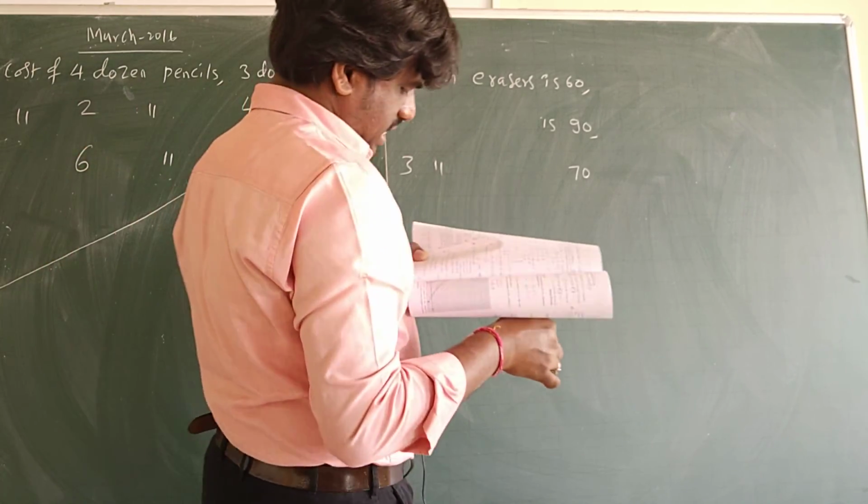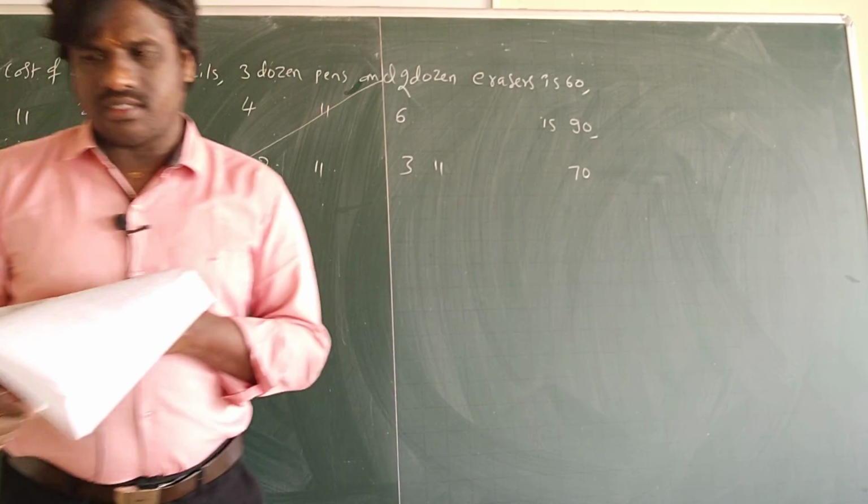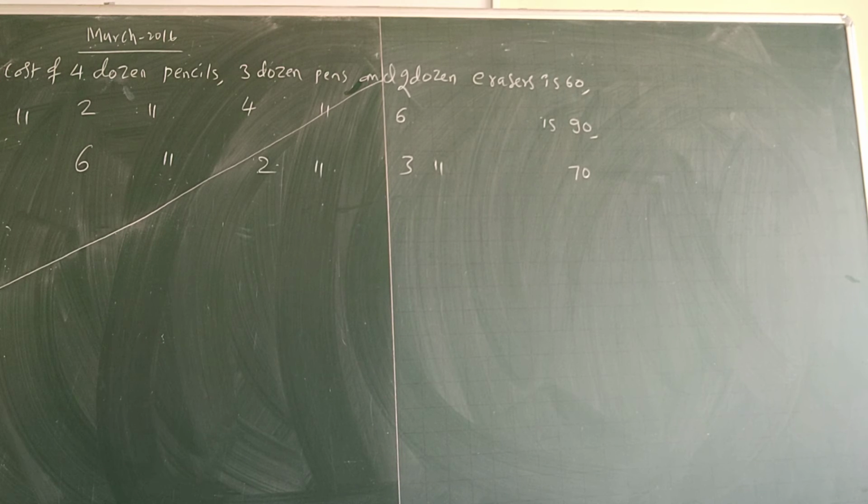Find the cost of each item per dozen by using matrices. So the cost of each dozen is being asked.